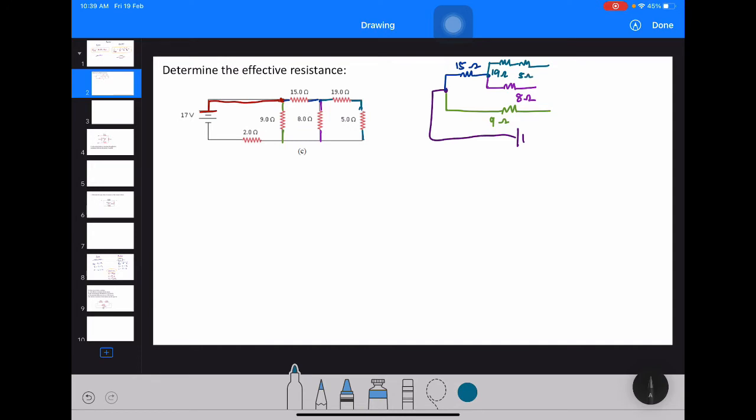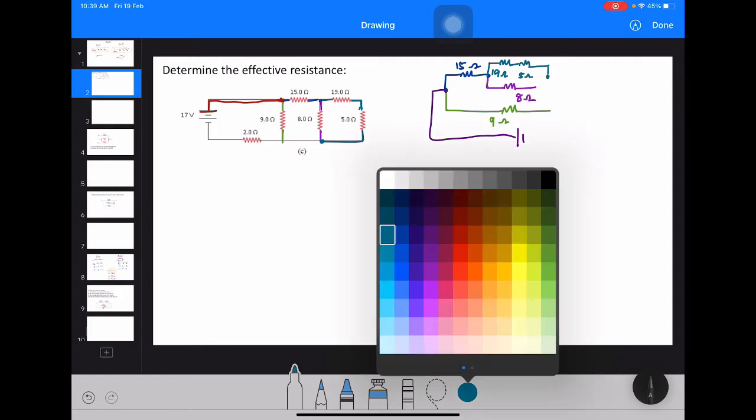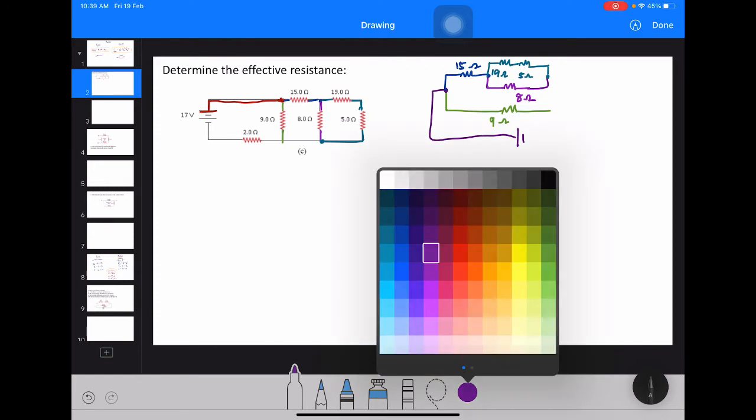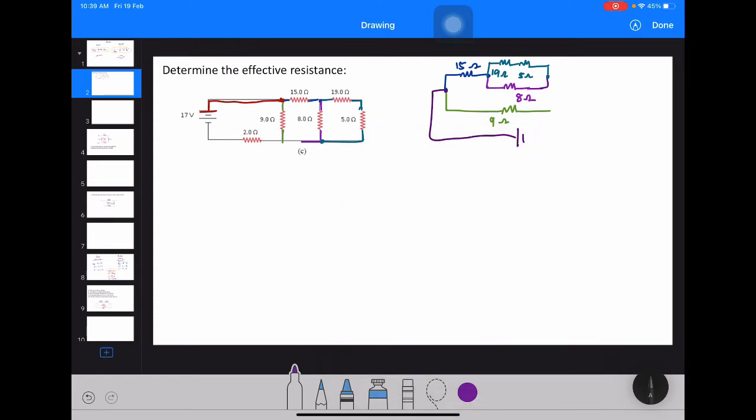Okay, and then it comes out here, and they meet up at the junction here, and this junction connects the 8 ohm and 5 ohm. So we meet up over here. Okay, so from that particular junction we go straight here, then it meets up with the green one, the 9 ohm.